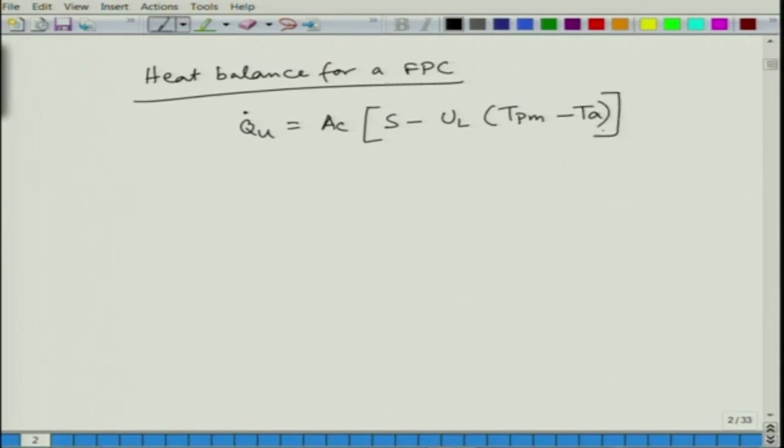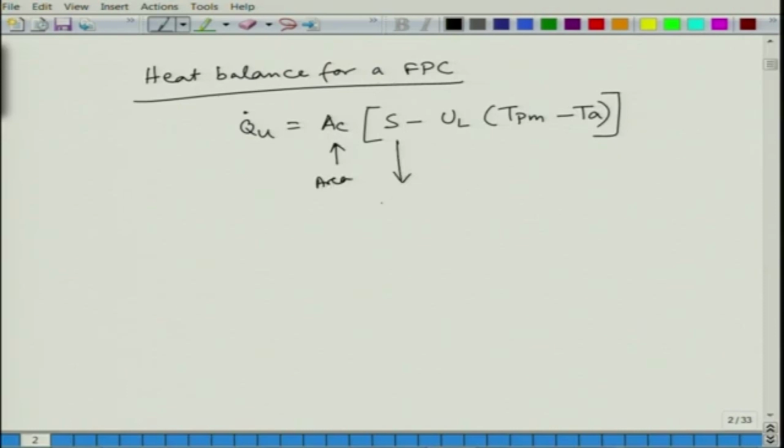You are familiar with the symbols that we are using in this equation. Q U dot is the rate of useful heat gain from the flat plate collector, AC is the area of the collector.